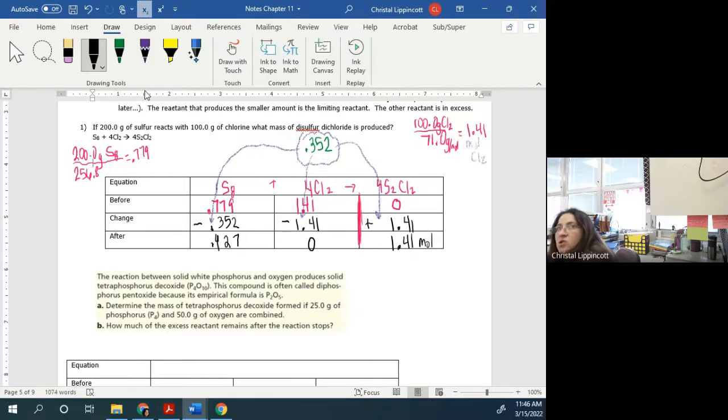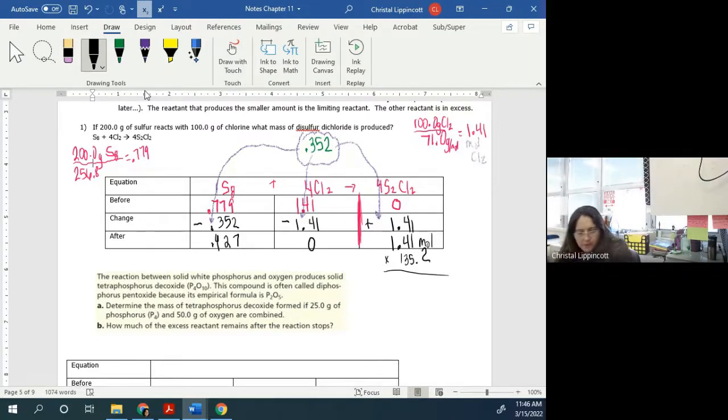All right. So I've got to take this mole value and I need to multiply by the molar mass for S2Cl2. That ends up being 135.2.